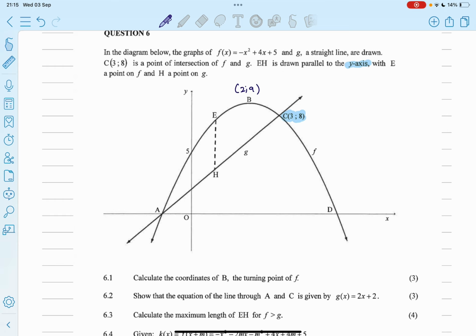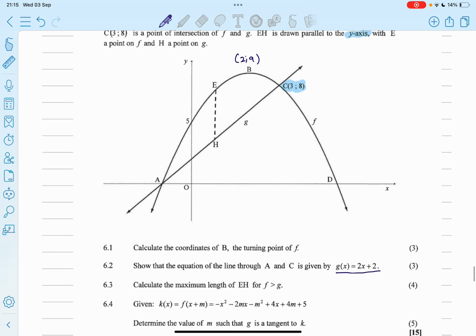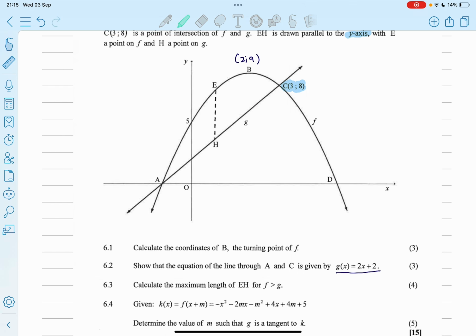Okay, great. Let us now move on to 6.2, where they ask us to show that the equation of the line through AC is given by this equation. All right, so this is the line we are referring to. So we have point C. We need another point so that we'll be able to calculate the gradient, and then from there get the full straight line equation.